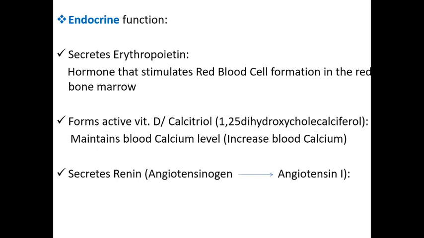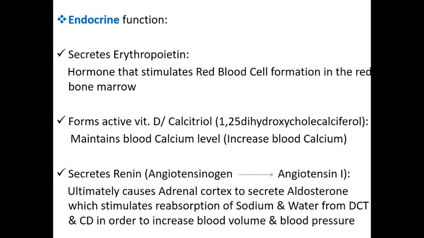What is the function of renin? It converts angiotensinogen into angiotensin 1. So renin activates RAAS, the renin angiotensin aldosterone system. Finally the result is to activate aldosterone. Aldosterone is a hormone produced by the adrenal cortex, and its function is to increase reabsorption of sodium and water from the distal convoluted tubules and the collecting ducts.